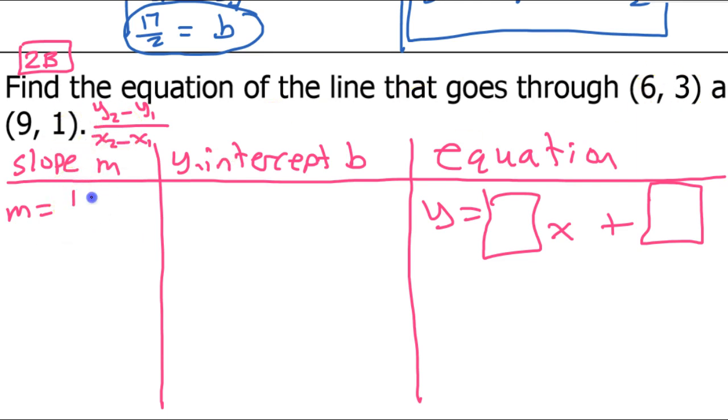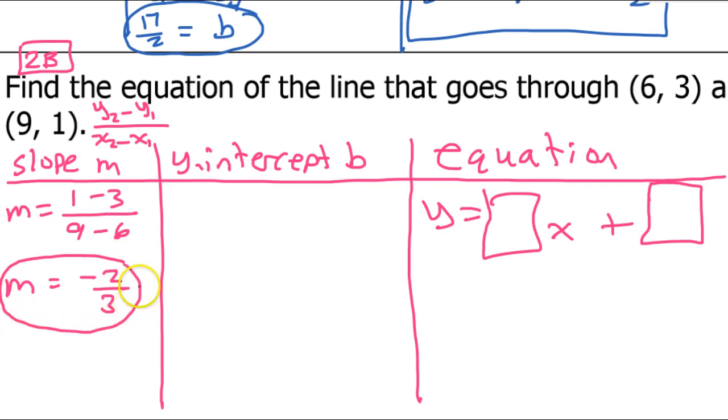So I've got 1 minus 3 over 9 minus 6. Okay, so y minus y over x minus x. So that's going to give me a slope of negative 2 over 3. And that's it. So that's the slope, which I can go ahead and fill in right now. Negative 2 over 3. That's my slope.